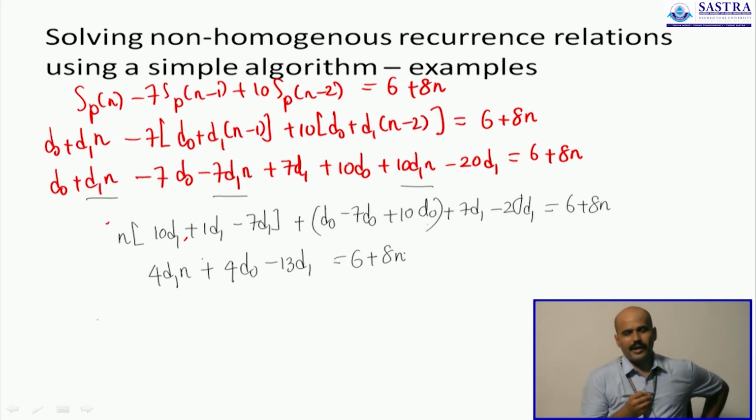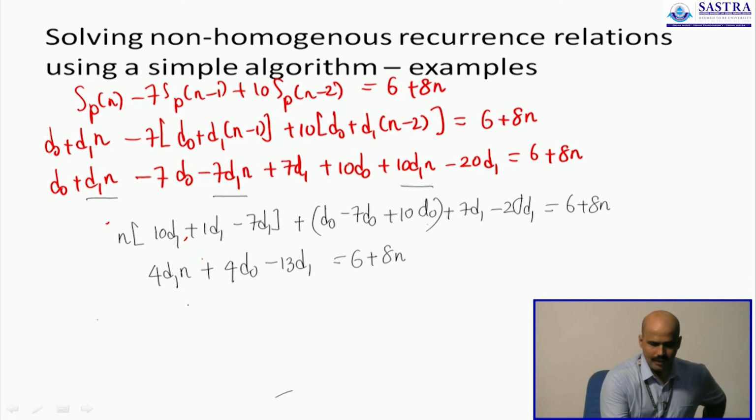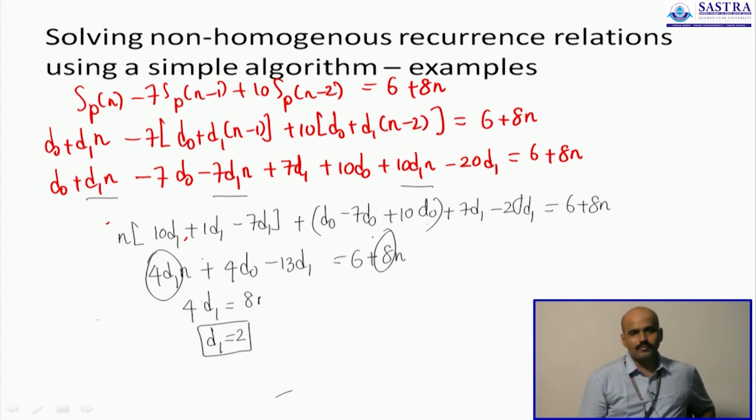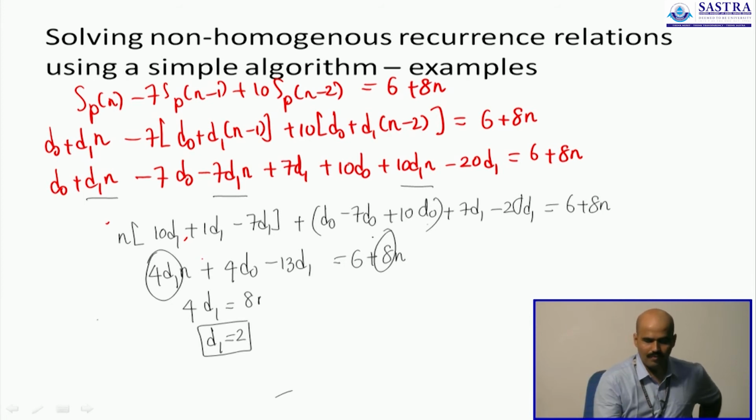Now we will have to compare like terms. We will compare the constants together and we will compare the linear terms together. Comparing the linear terms will give us 4 d1 equal to 8, or d1 is 2. The 4 d1 and the 8 can be compared, therefore they are coefficients of the same term n power 1, therefore you have d1 as 2.